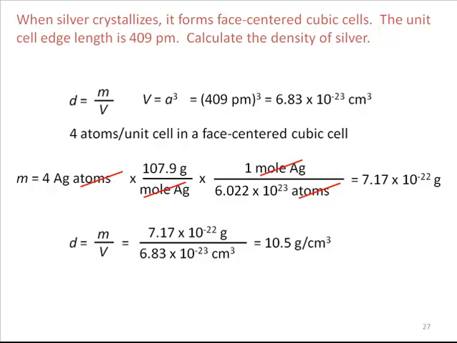Yes? Why is volume A? I don't know why this A is here, to be honest. It's the cell edge length, and that's what they use for the symbol for that. I mean, that's what it is. Why it's chosen to be this letter, that was something that made me go, what? But that is for cells.